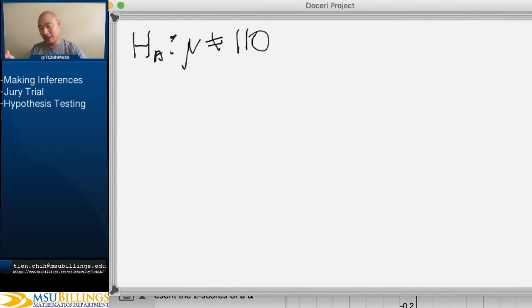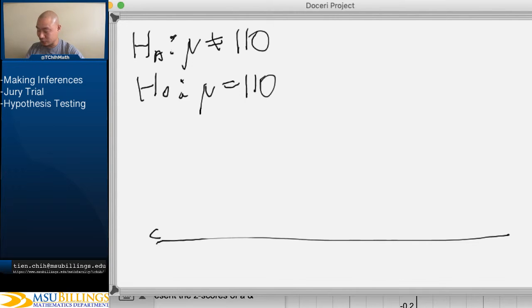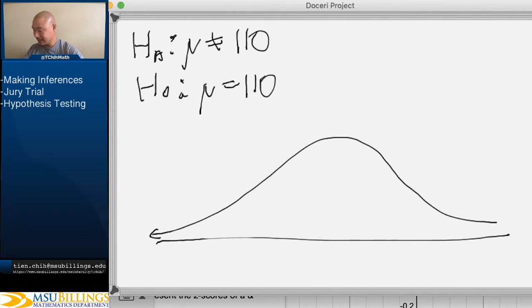All right, so if the alternative is that the average weight isn't 110 pounds, then the null hypothesis, well, clearly that means that it is 110 pounds. So we go ahead and assume the null once again, and let's suppose we have the exact same data.